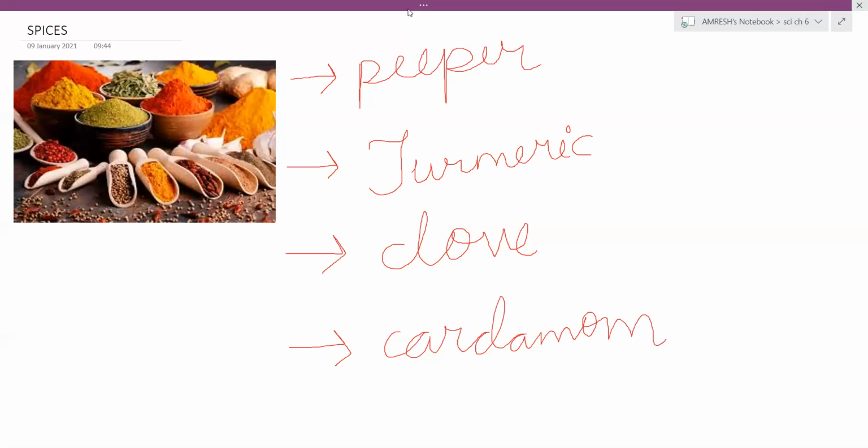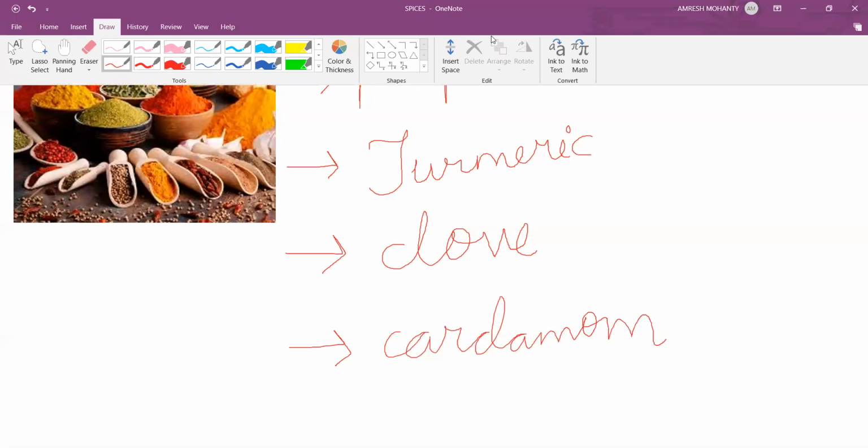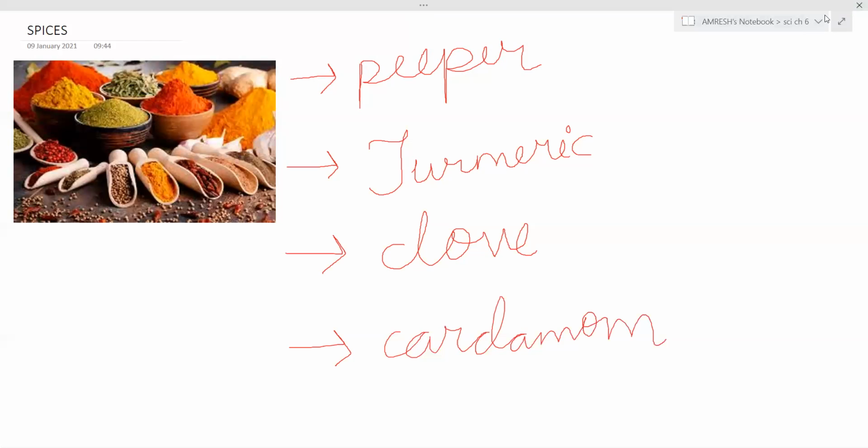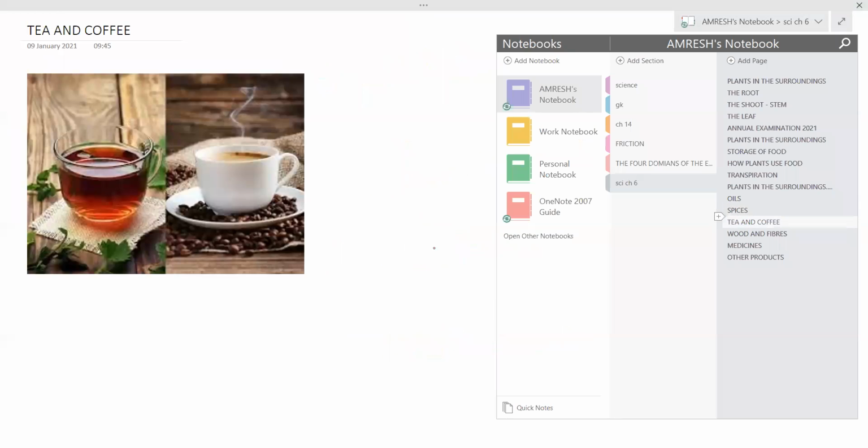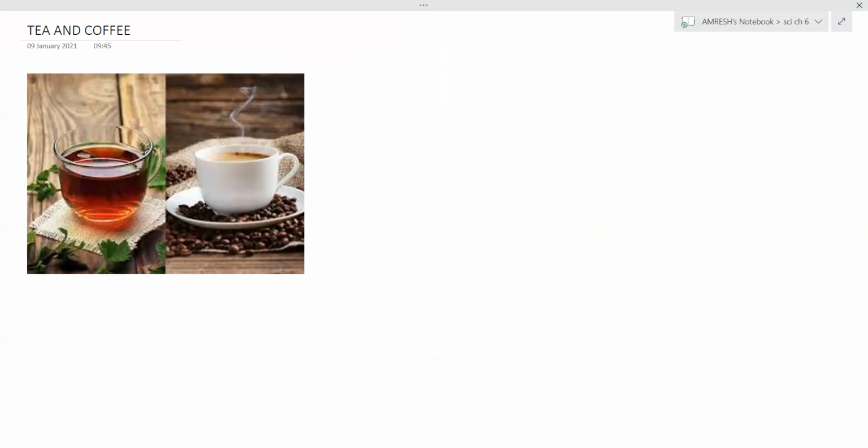They all come from the plants. And the chocolate we eat is also made from a plant product called cocoa. So let's read about them in detail. I have given a picture of the green tea because nowadays green tea is very famous.